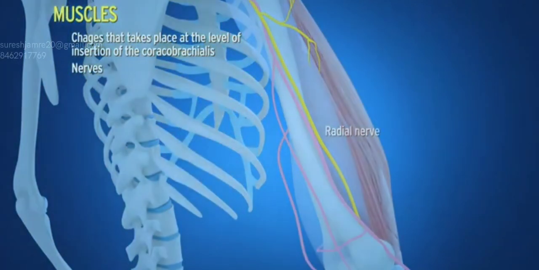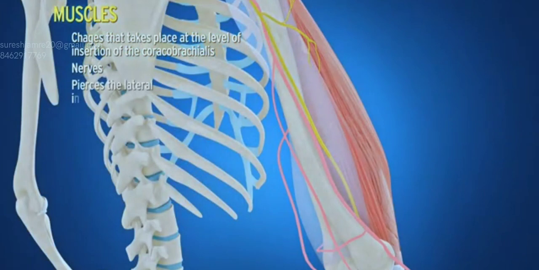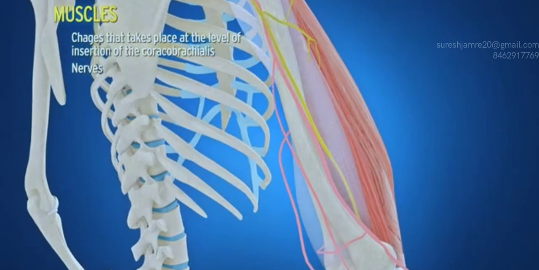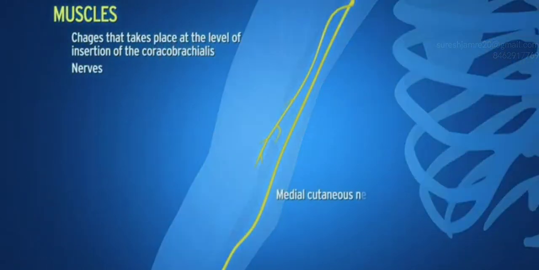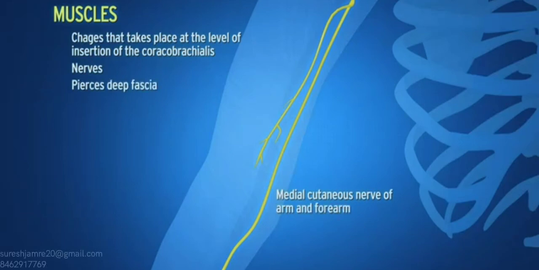Radial nerve pierces lateral intermuscular septum and enters anterior compartment from posterior compartment. Medial cutaneous nerve of arm and forearm pierces deep fascia.